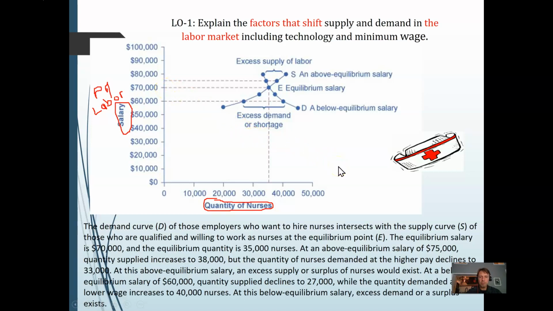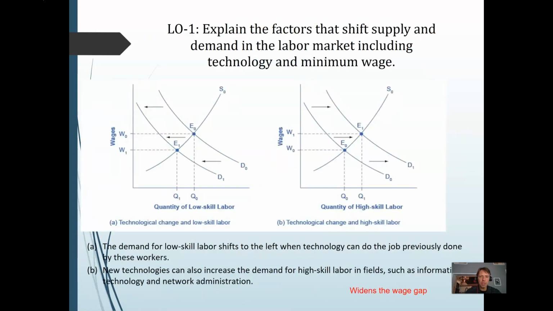And so if you're trying to pay more or less than that, it will cause us to have a shortage of nurses or a shortage of positions for nurses that we want. So equilibrium will get us to a point where both the amount of people wanting to work in that job and the number of those jobs available align.